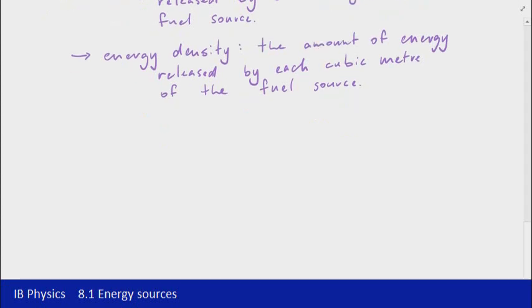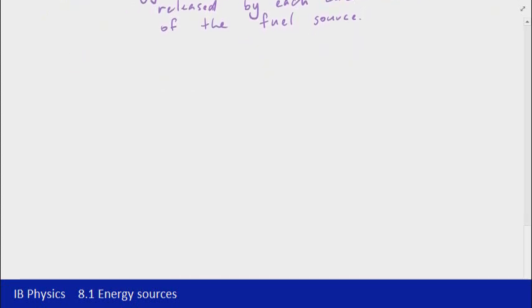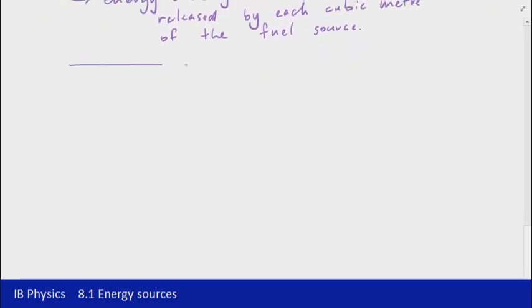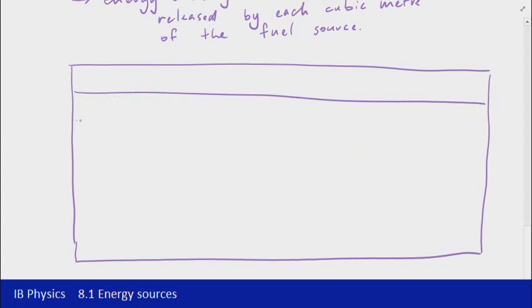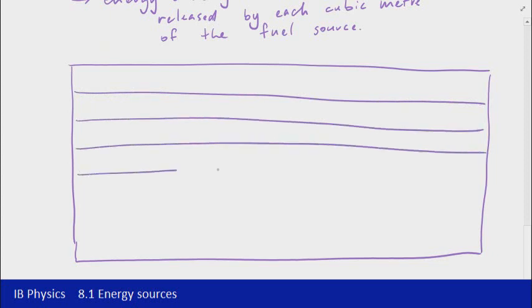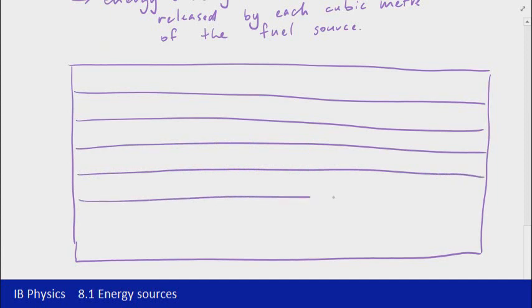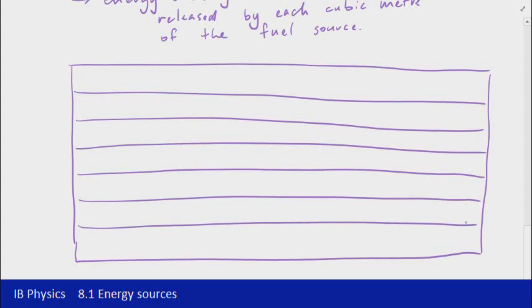Now I'm going to summarize a few examples here, just so we can start to make sense of the significance of these types of quantities that we're looking at here. And again, just a bit of a summary table. We're going to focus on a few common things that you might come across, or that you might have heard of before, and look at both the specific energy and the energy density.